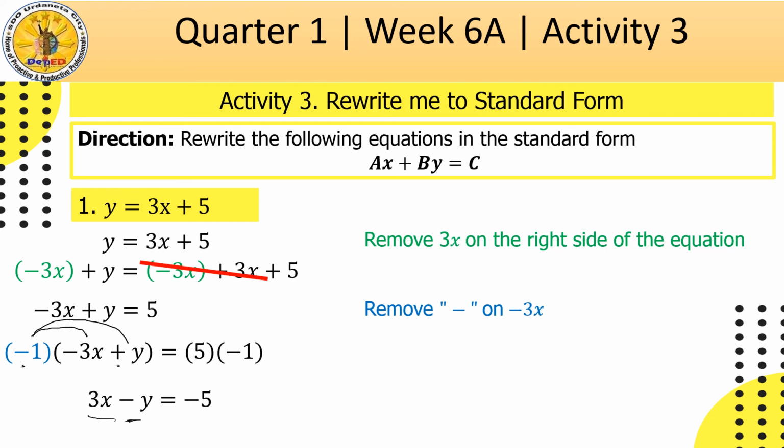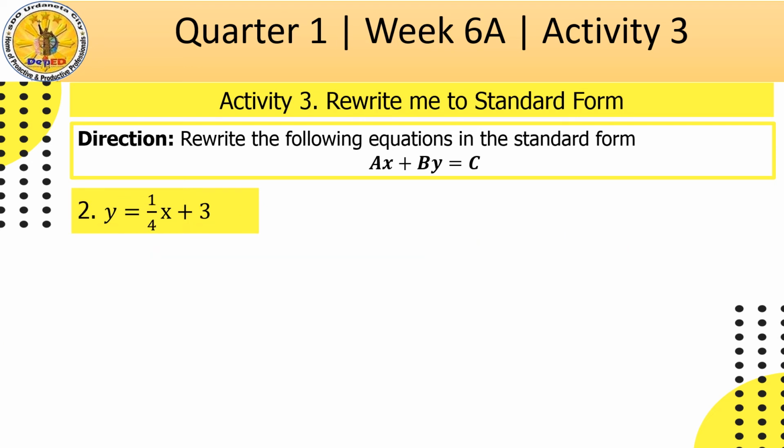So, we have negative y. And whatever we multiplied on the left side will also be multiplied on the right side. So negative 1 times 5 is negative 5. And this is the standard form of this slope-intercept form. And this is our final answer.